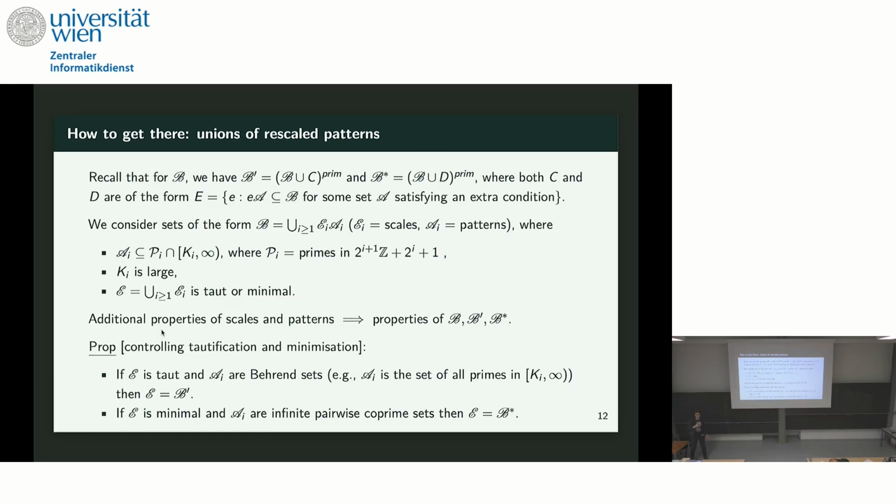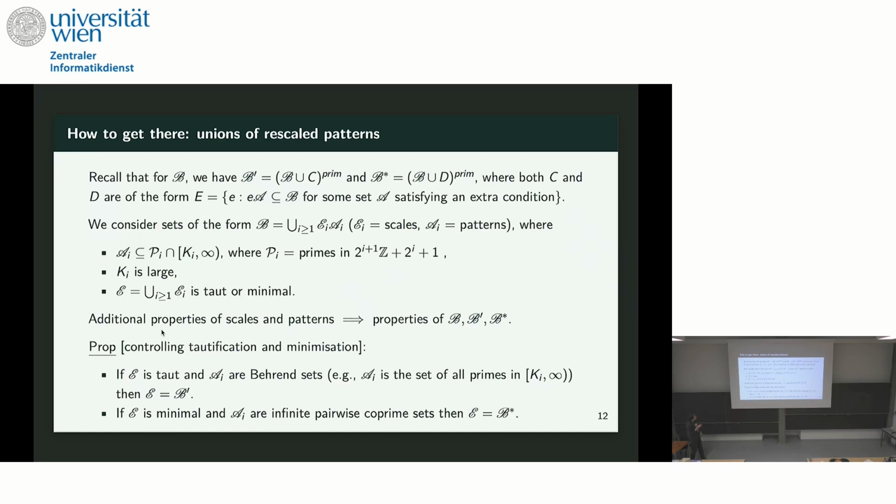The key is unions of rescaled patterns. Let me remind you, before we had this B, B prime, B star, and both B prime and B star were constructed by looking at certain scales, adding them, and primitivizing the whole thing.